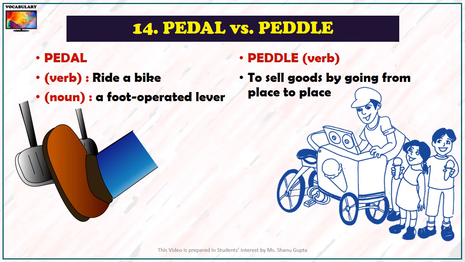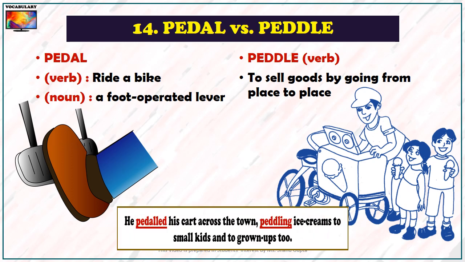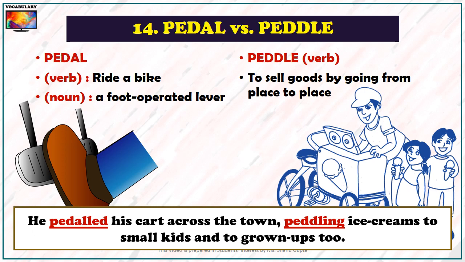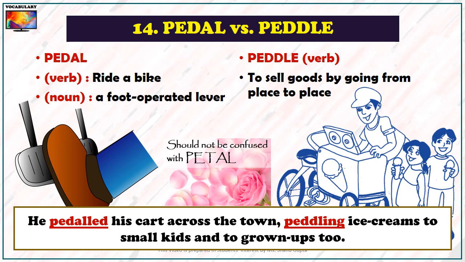An example sentence for both words is, he pedaled his cart across the town, peddling ice creams to small kids and to grown-ups too. By the way, one should not confuse these two words with the word petal, which means the colored parts of a flower head.